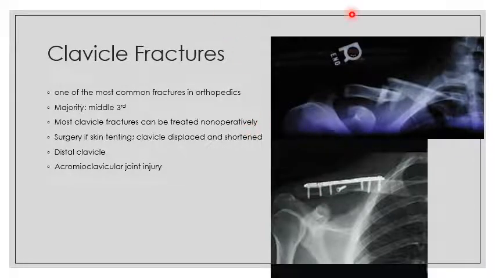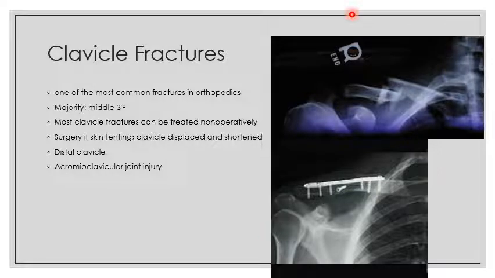So clavicle fractures basically occur on a fall on a shoulder. And since the clavicle is subcutaneous, the fracture is often evident on inspection. It is one of the most common fractures in orthopedics and the majority occur in the middle third.